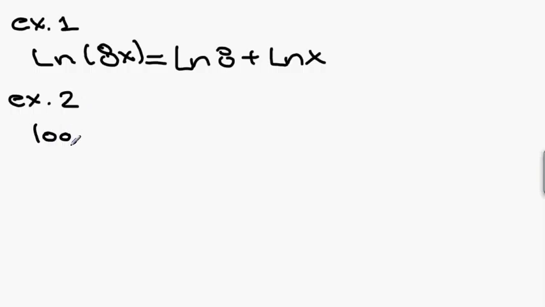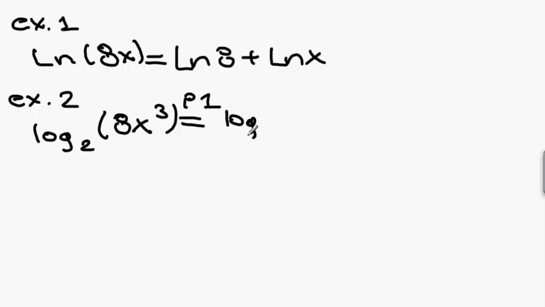Now, to make it a little tougher, we had something like this, where we add an exponent into the mix. First thing we always apply is property 1 or property 2. So we're going to apply property 1 because there's multiplication. So we have log base 2 of 8 plus log base 2 of x to the third.